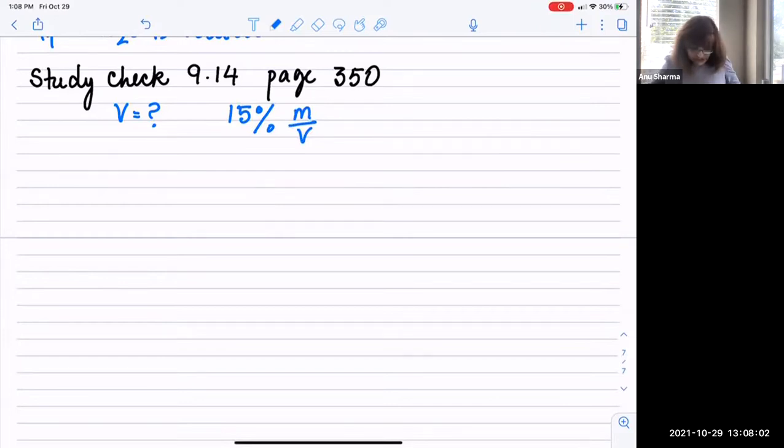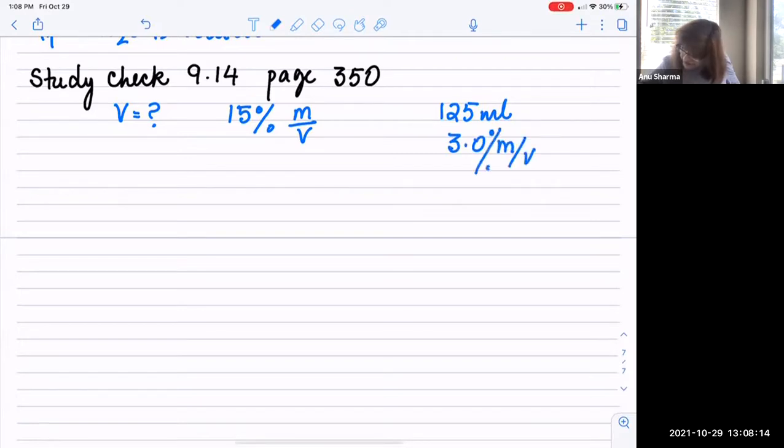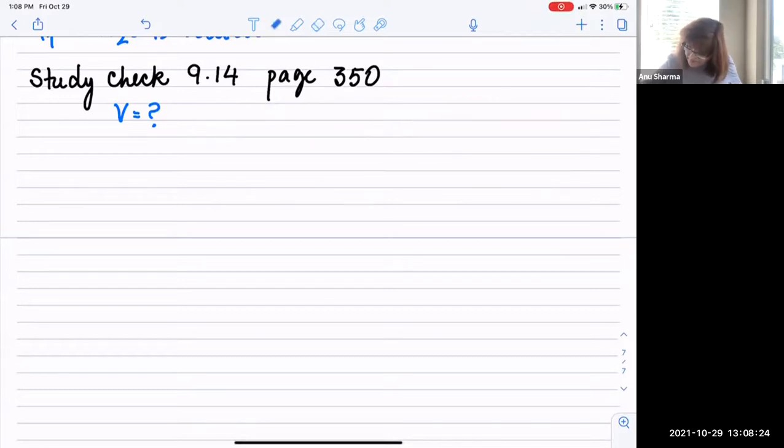Here is the question: what is the initial volume of 15% mass by volume mannose solution needed to prepare 125 milliliters of 3.0% mass by volume solution?